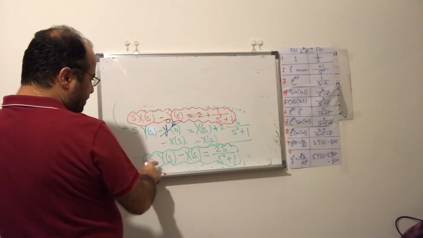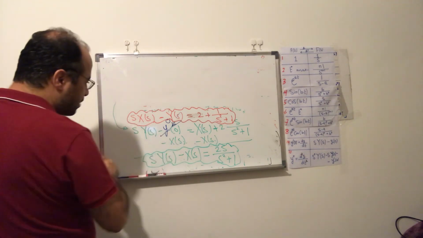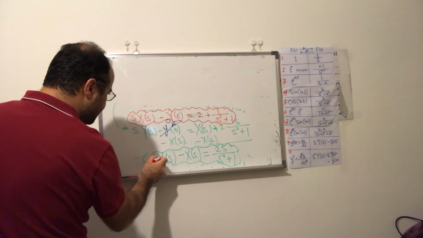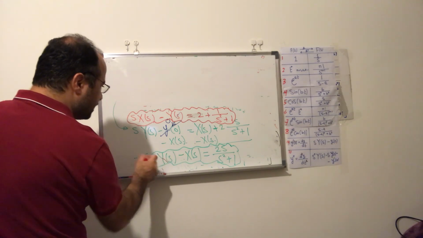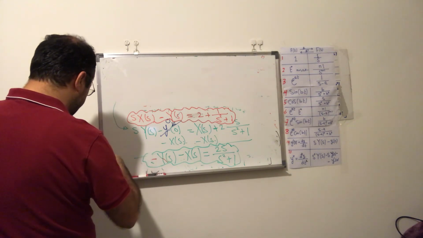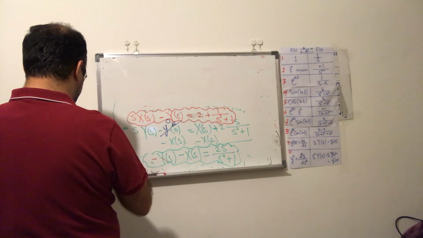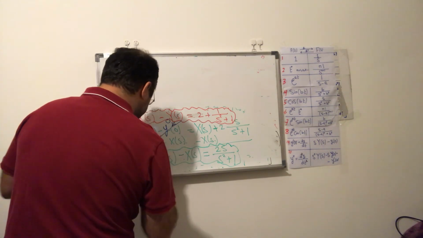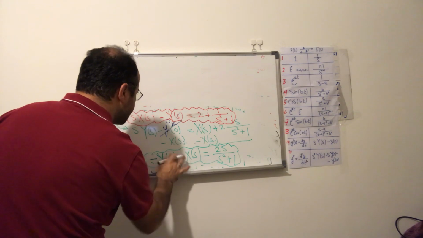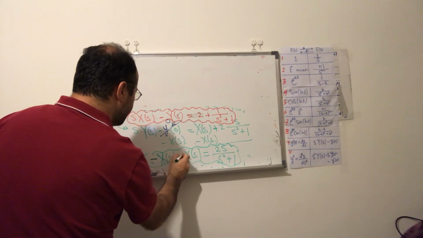So maybe it's better to have the x before. So I'm going to have the x here, right? So this is x. I need to have the x before. So here is the x, yeah. Here is the x, yeah. And here is the s Y(s).